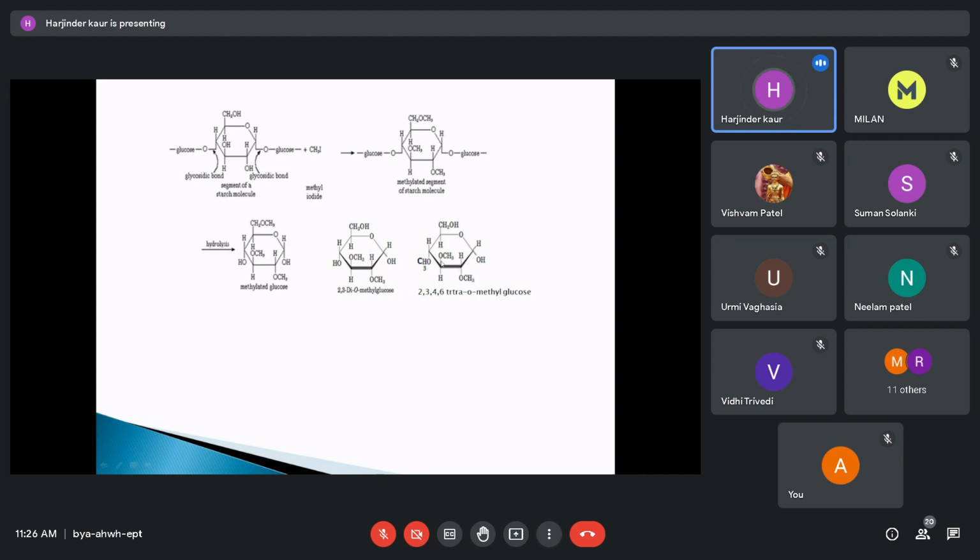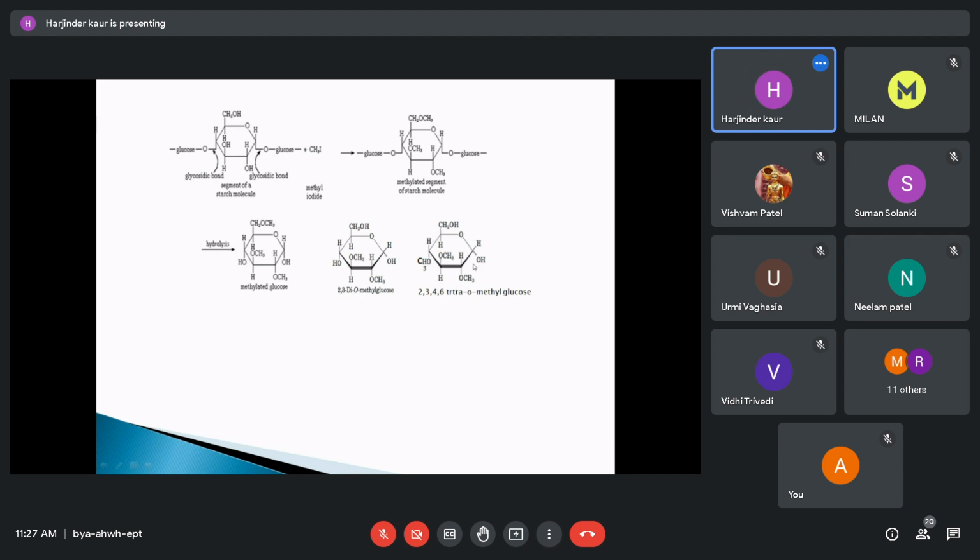2,3,4,6. Now, supposing my chain is joining one with the other, then the last glucose unit in the chain will have this free, and the first one will have this free. Okay, so if this is free and this is free, I am getting this 2,3,4 and 6 tetra-O-methyl.